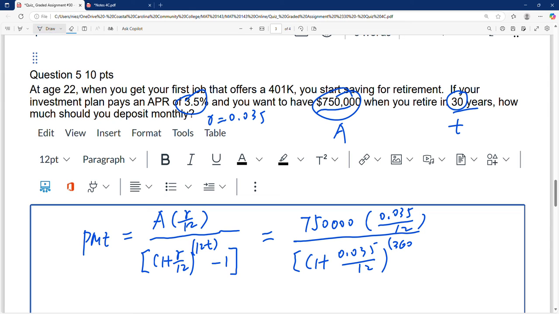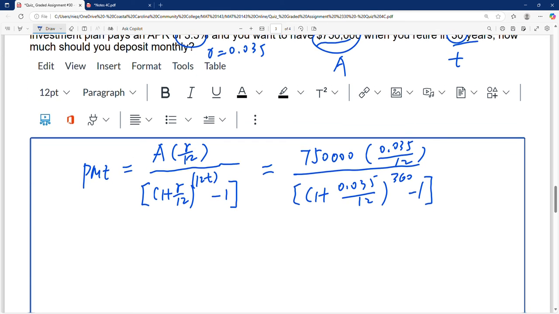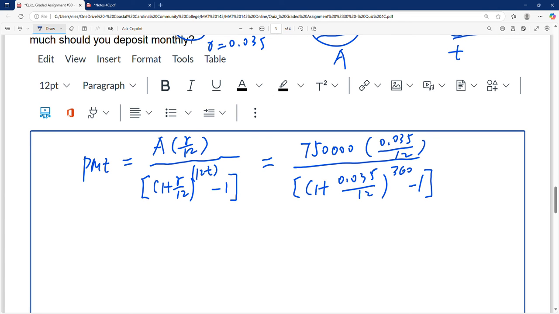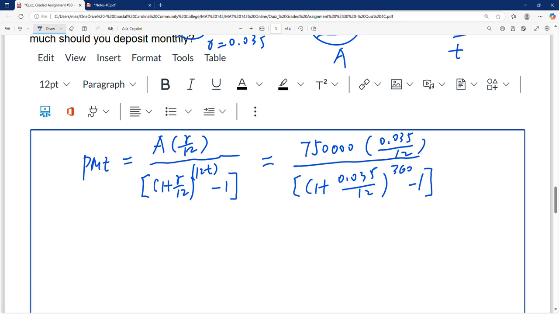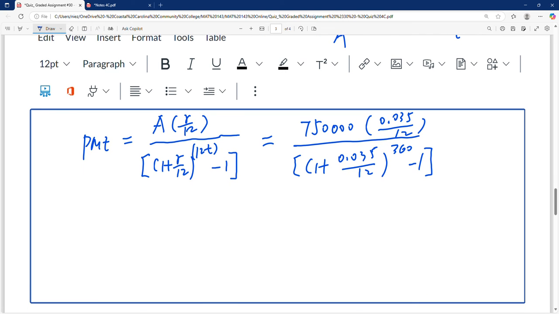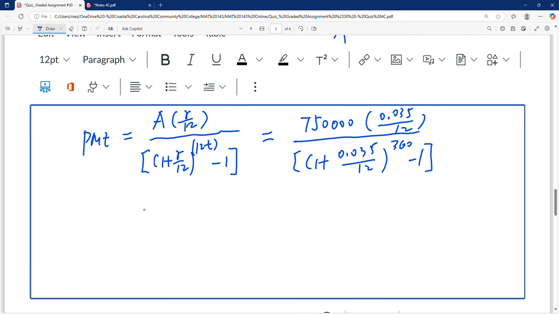If you only have 360, then you don't need the parentheses. Last question, we used 12 times 30, right? So you better remember it. That's how you learn, right? After you do that once, you should have some impression. Since in question 2, we already did 12 times 30, which is 360, right? All right, now you can use a calculator, type everything into the calculator and get this value.